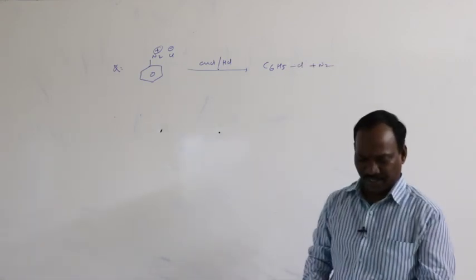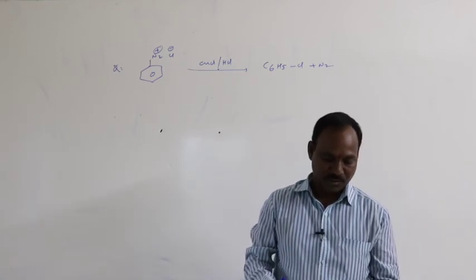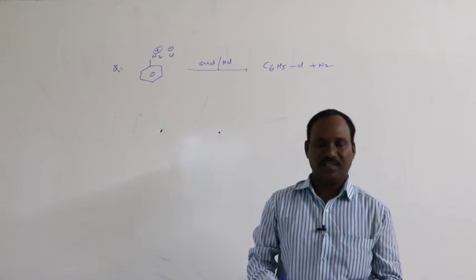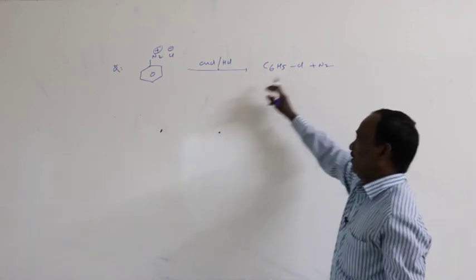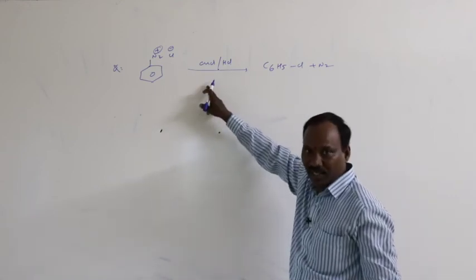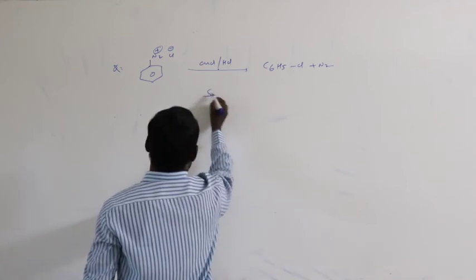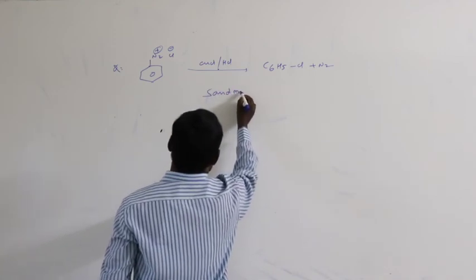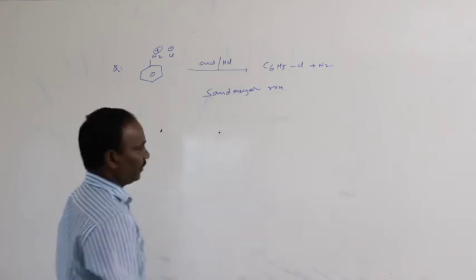Now this is called the Etard reaction, Sandmeyer reaction, Wurtz-Fittig reaction, or Perkin reaction. Benzene diazonium chloride to chlorobenzene in the presence of cuprous chloride, this reaction is called the Sandmeyer reaction.